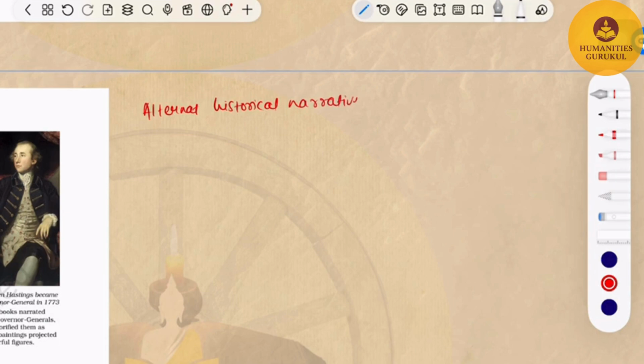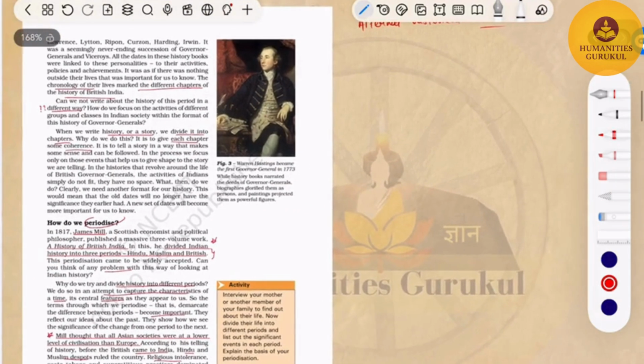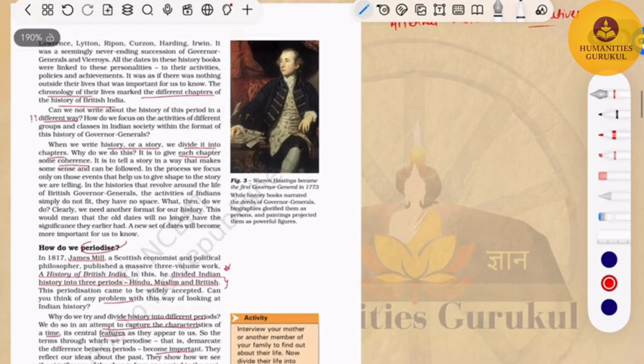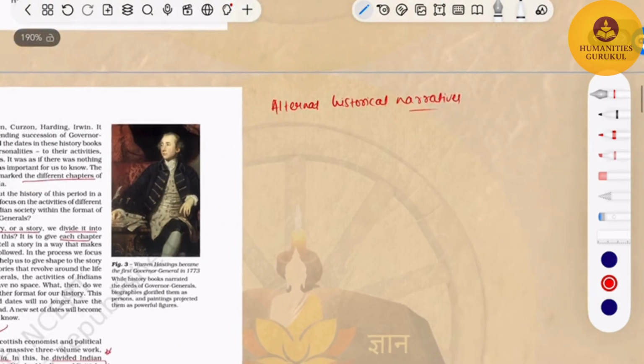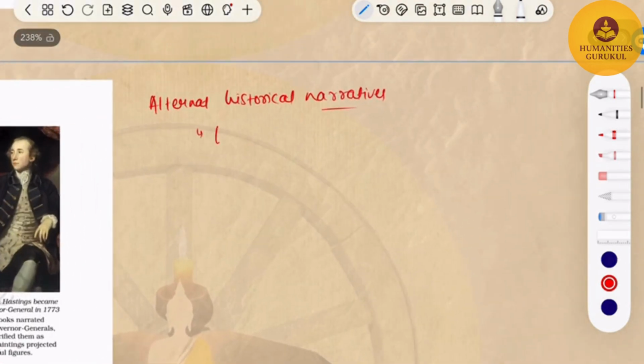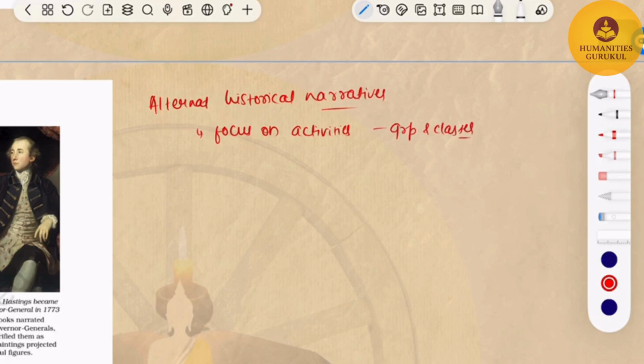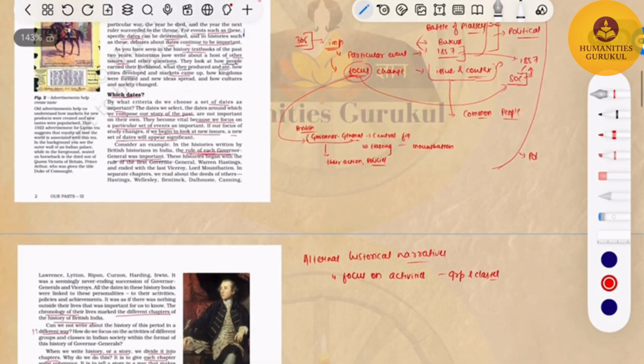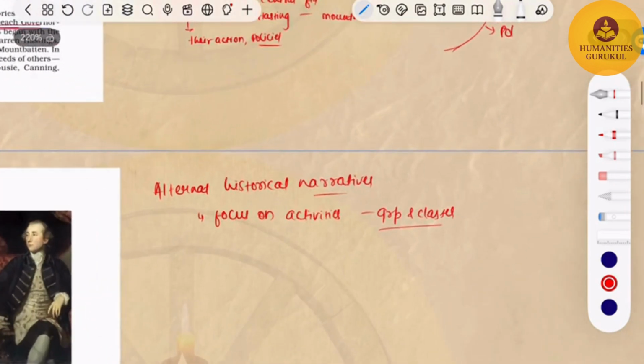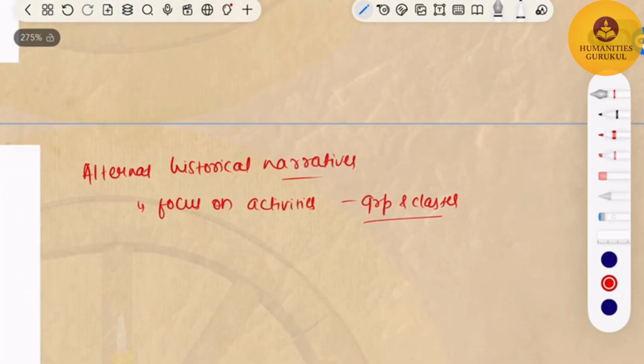In this system, we have an alternate historical narrative. Here we focus on the activities of different groups and classes in Indian society, as I have discussed with you, the social issue of 1857. So we are shifting our focus from political to social history.